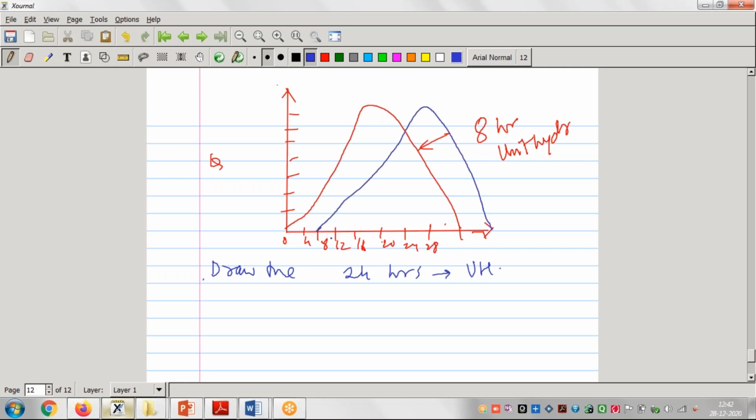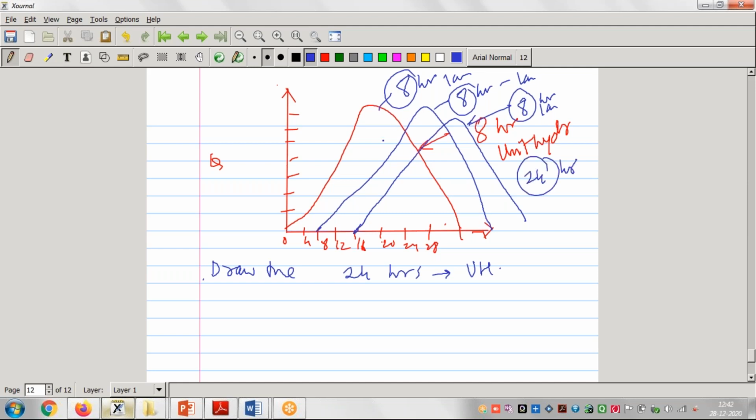The third graph will start from 16. Each is an 8-hour hydrograph because of 1 centimeter of rainfall, so 8 plus 8, 16 plus 8, this is 24 hours.